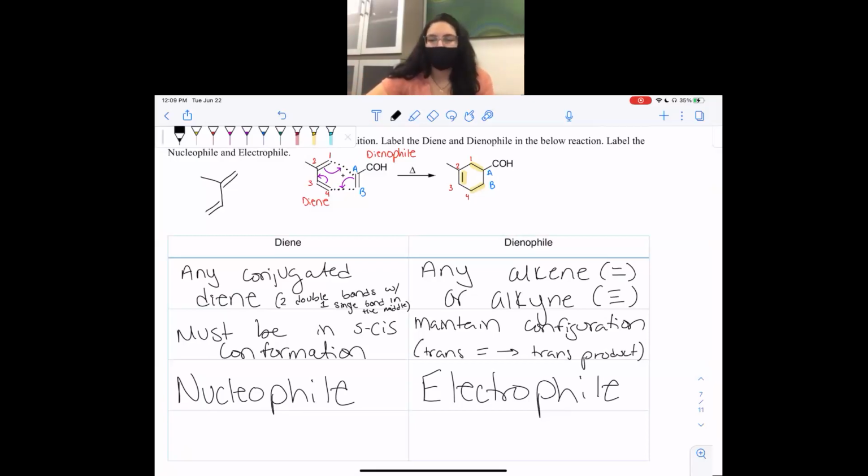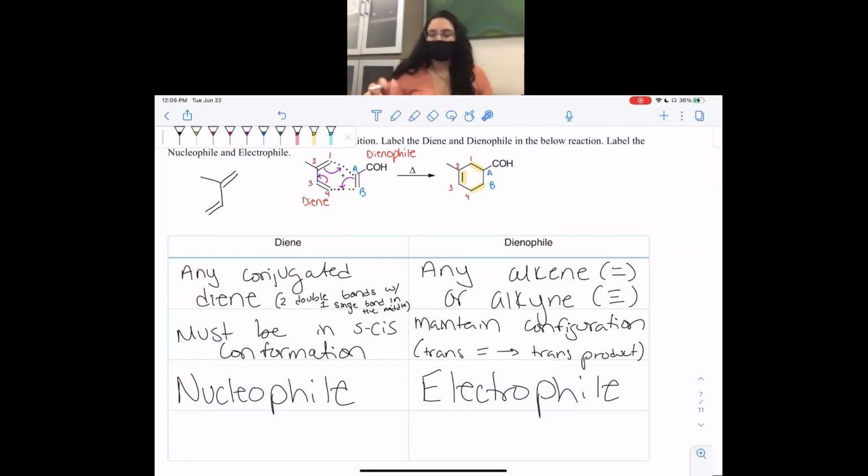Actually, before I open it up to questions, we'll go over one thing. So, we can have substituents in this class. The diene and the dienophile can have groups attached to them, like it's shown here. And someone actually made a good point that goes with what I'm saying right now. So when we're talking about substituents, they are going to help the diene or the dienophile become more reactive.